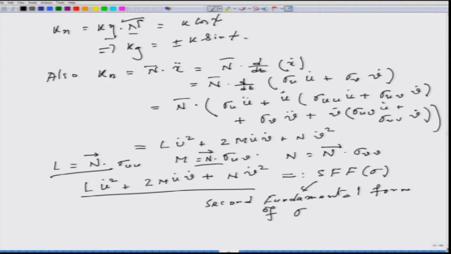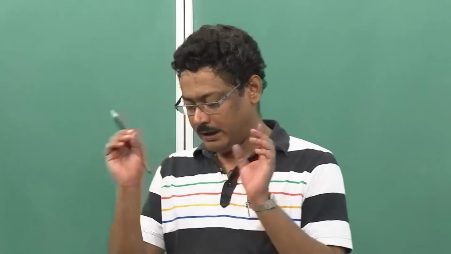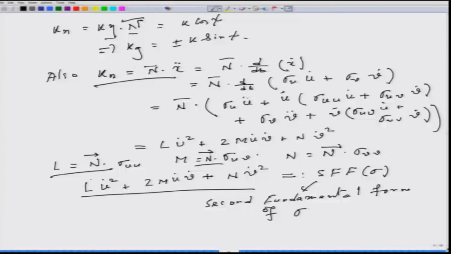So what does this second fundamental form do? From this relation, it takes a curve. As with the first fundamental form, which takes a curve and, when you integrate, gives the length, what does the second fundamental form do? It takes a curve and gives its normal curvature.